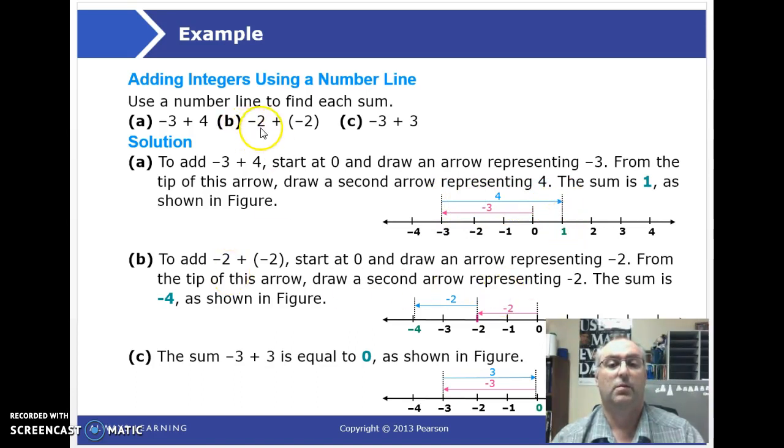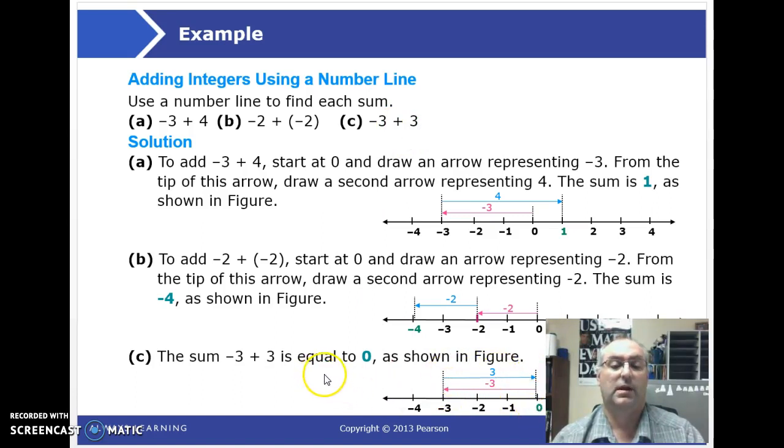Similarly, what about -2 plus -2? Well, if we first go to -2, and then we go 2 more to the left, then we get out to -4. What about -3 plus +3? Well, here we go to the -3, but then we turn right around and go back to 0.